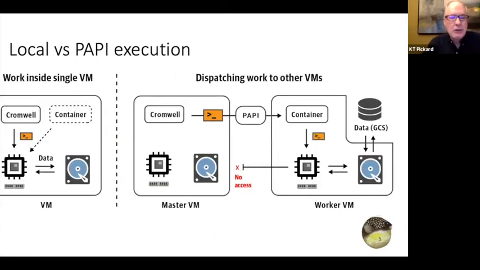So a small differentiator between things that are executed locally, which we've been doing to date, and things that are done using this new method of execution. On the left, you're looking at execution inside a single container where Cromwell and the Docker image, everything is self-contained. In the diagram to the right of the dotted line, you'll see a similar picture. The difference is now that the VM, which indeed could be the same VM, is now acting as the master.